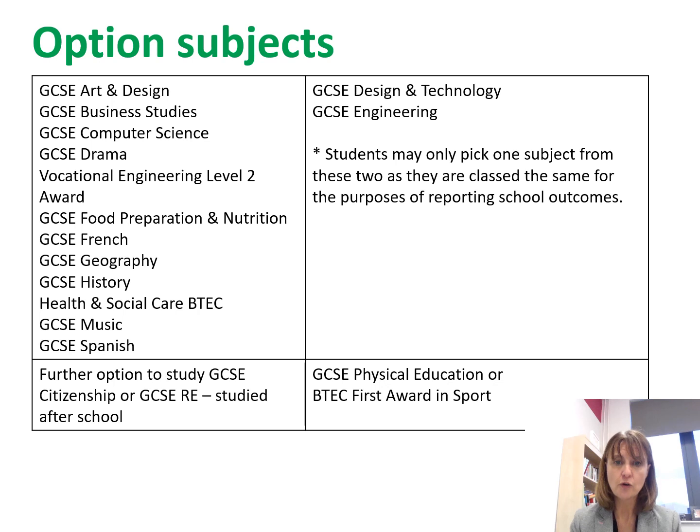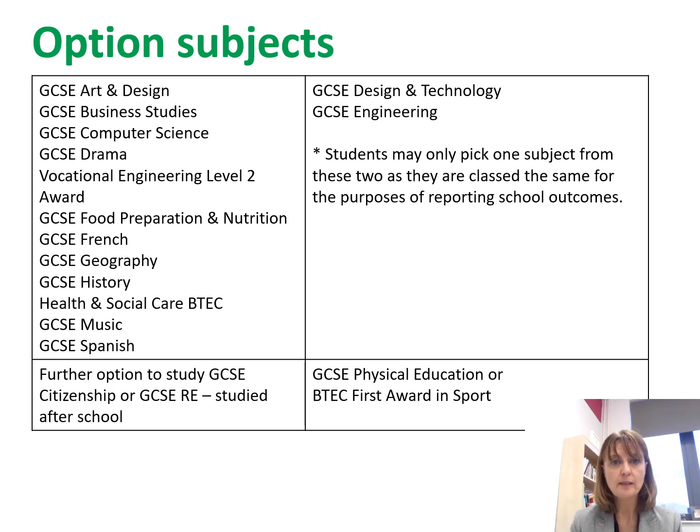Again, just to make sure that we're really clear on a couple of things, students, when they are choosing their two free options, still have a couple of things to bear in mind. If they are wanting to do GCSE Design and Technology and GCSE Engineering, then they can't. They can only pick one or the other, and that's because the government deems them to be too similar in content.